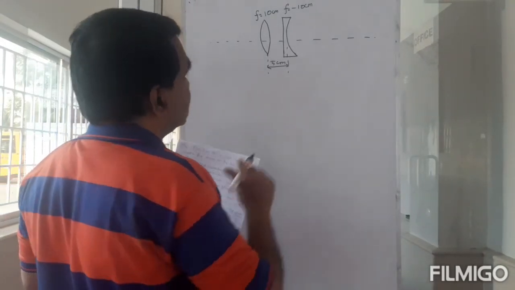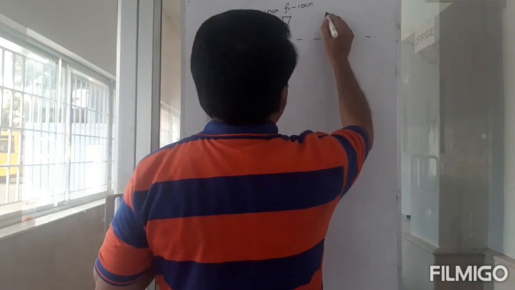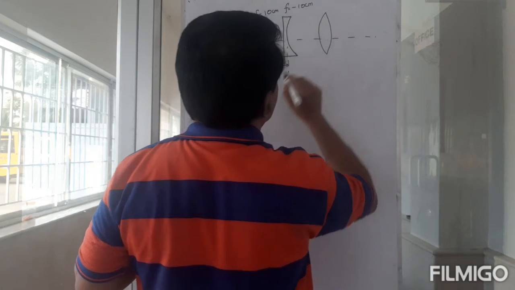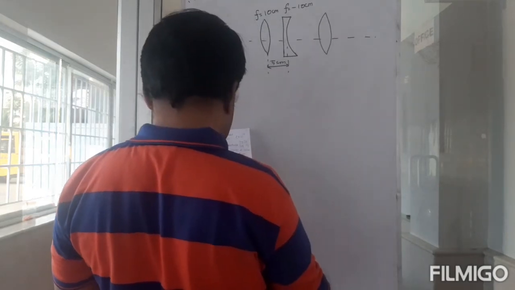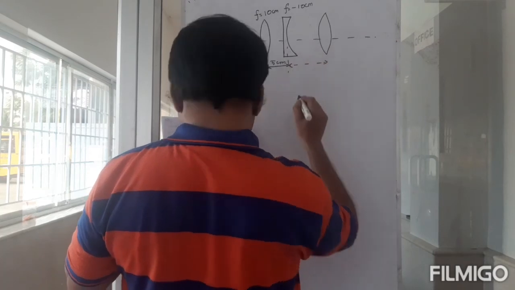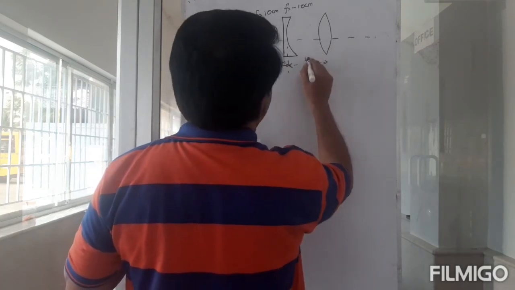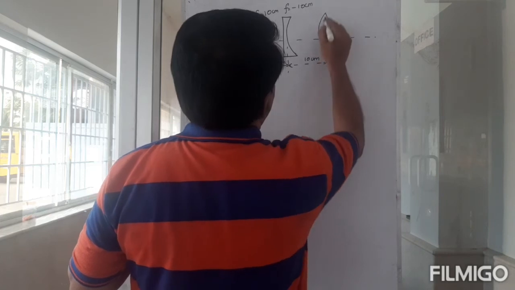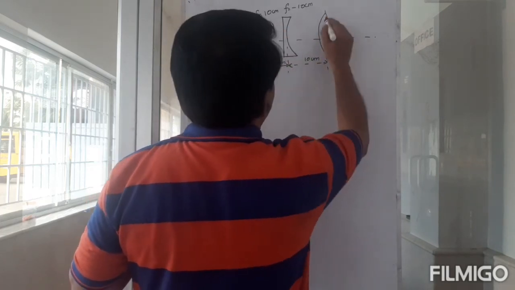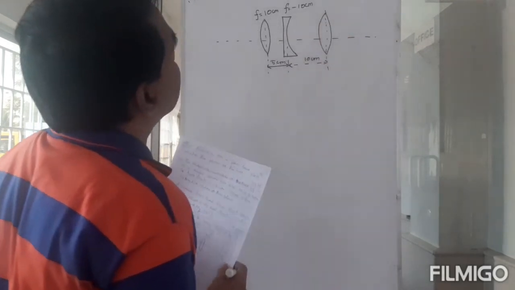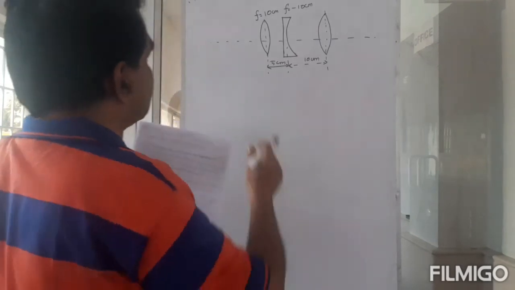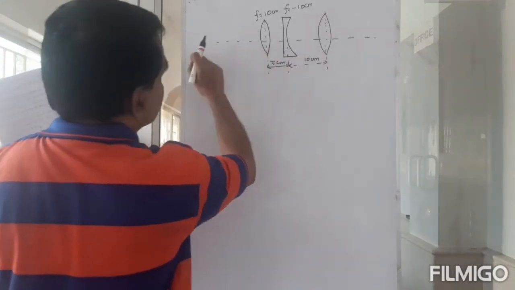And then there is another biconvex lens that is 10 centimeters from this lens. And the object is kept 30 centimeters to the left of this lens.